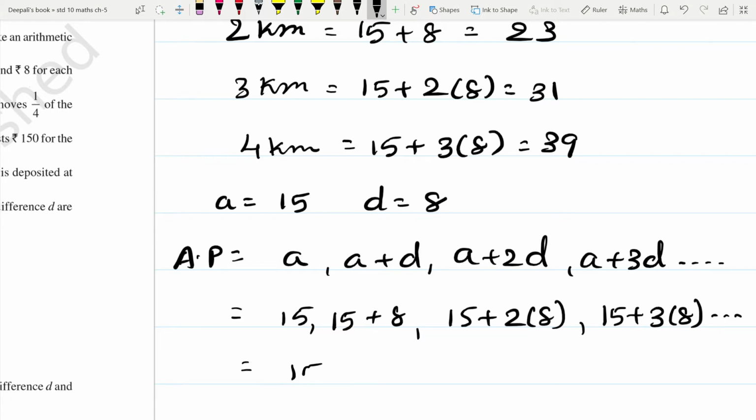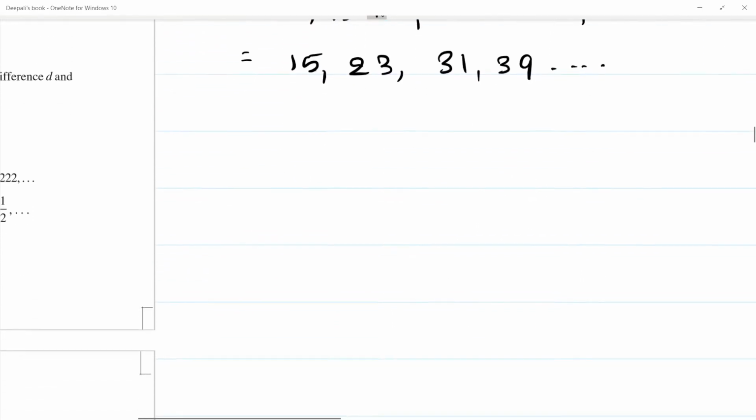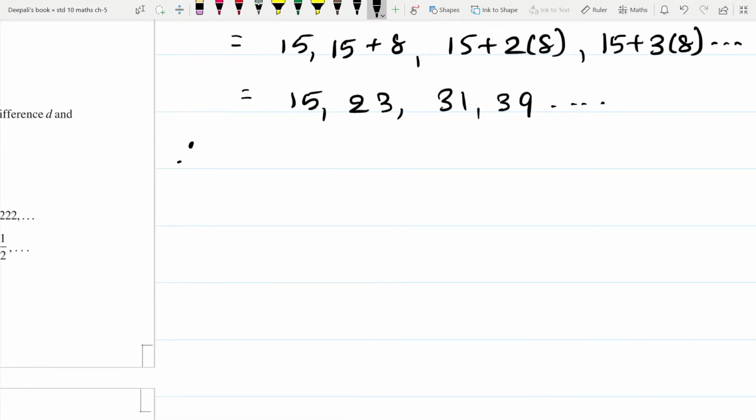I get 15, 23, 31, 39, and so on. So this is an AP. Therefore, it is an AP, as it is following the law. Now let us see the second question.